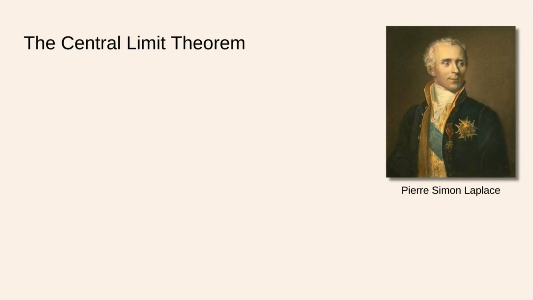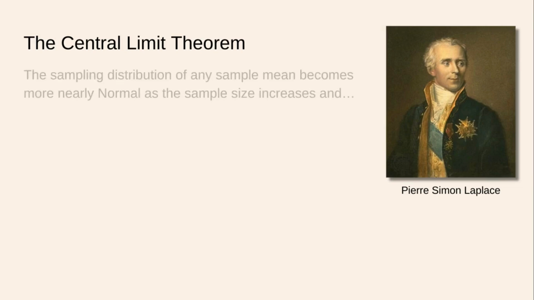That theorem is one of the most important theorems in all of statistics, and you can make an argument that this is the most important theorem in all statistics. This is the central limit theorem, or CLT, proven rigorously by Pierre-Simon Laplace, who you see to your right.